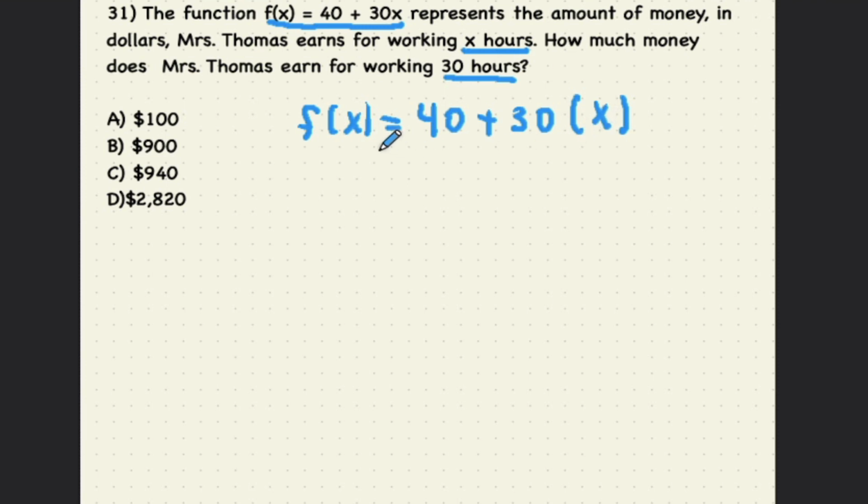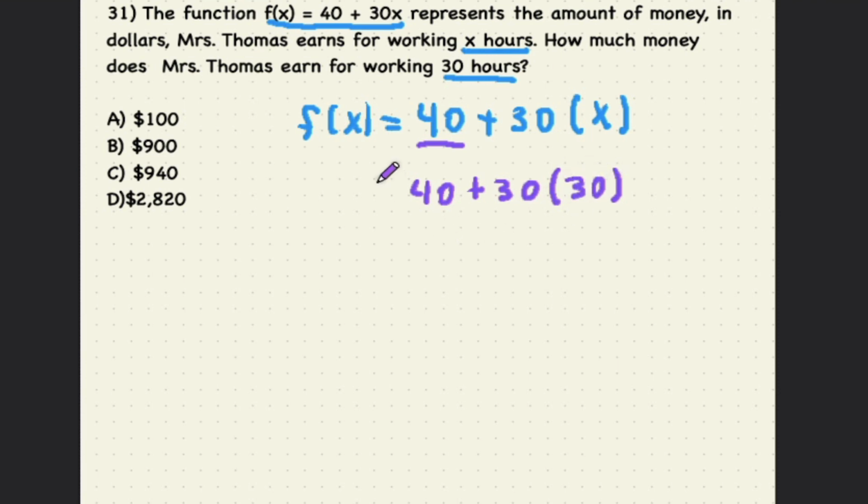If you take a look at this 40, this is just her base amount. So she's going to get paid this regardless, and you're going to add that to what she's making here. So let's rewrite that again. We have 40 plus 30 times, and we replace this x with 30.